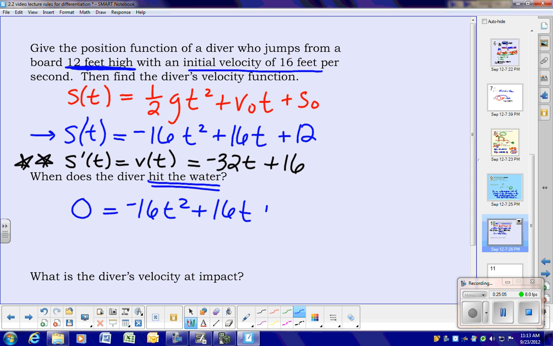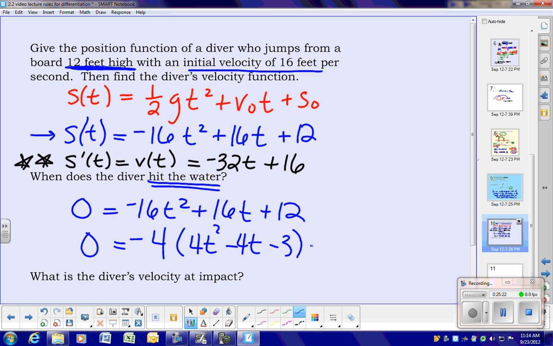So this is just solving a quadratic equation. This is factorable. I could factor out a -4, and then I could factor the rest of it. So -4, and then this factors to (2t minus 3)(2t plus 1).